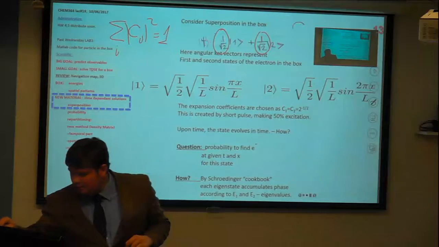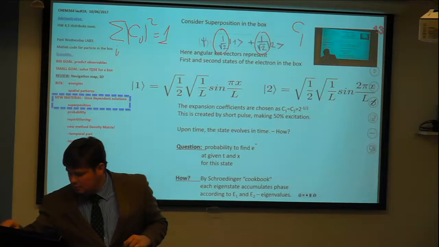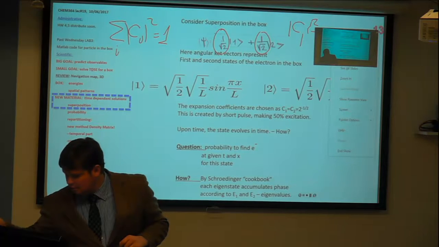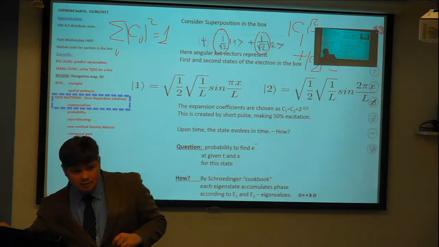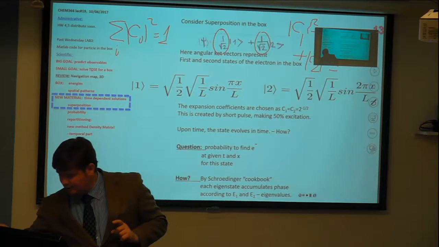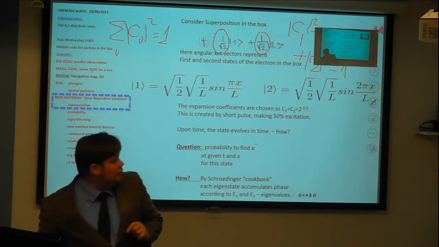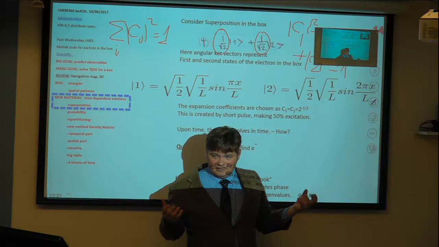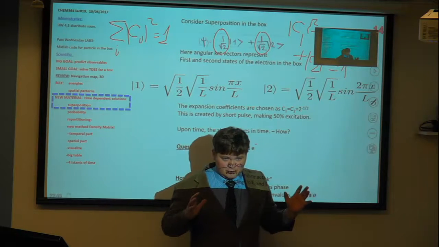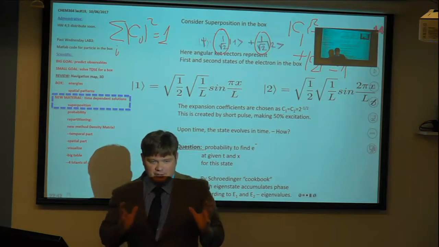So C1 square plus C2 square should be what? 1. 1, yes. So 1 over square root of 2 squared plus 1 over square root of 2 squared will be half plus half, 50% plus 50% will be 1. So totally electron is either in ground or outside.